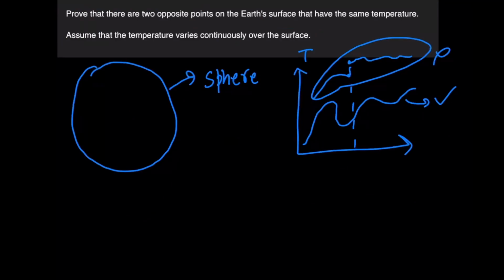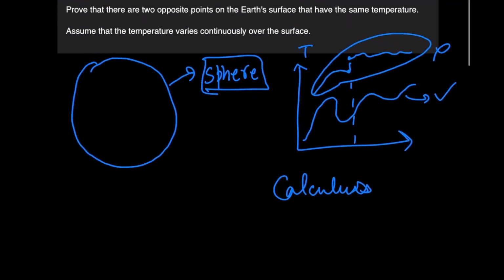So a few hints I'd like to give you guys: first of all, this will require a bit of calculus, the calculus that you usually learn in your 11th and 12th grade. Other than that, you don't really need the entire sphere to find two antipodal points.